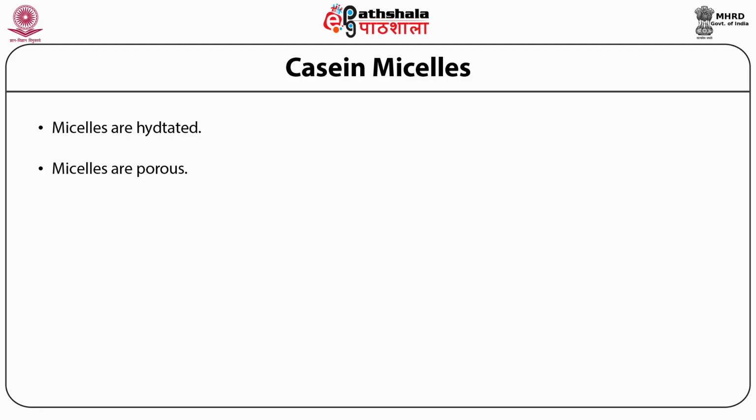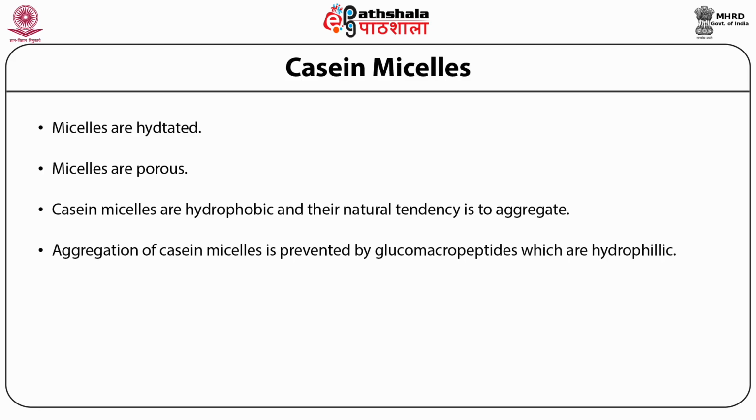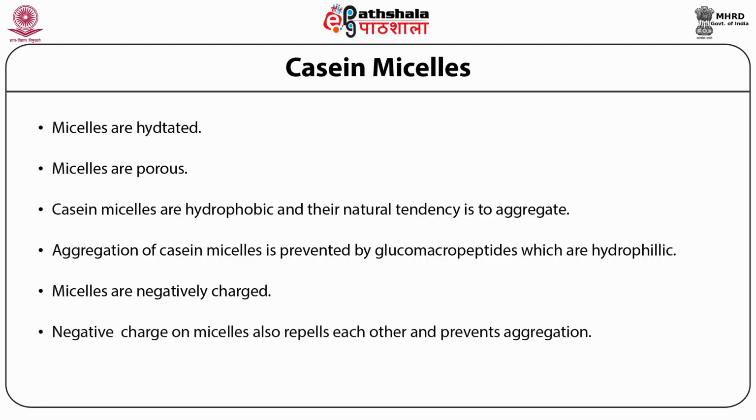Basically, caseins are hydrophobic, that is, their natural tendency is to aggregate, but they are negatively charged, and this negative charge repels each other, that is, negative charges prevent them from aggregating.